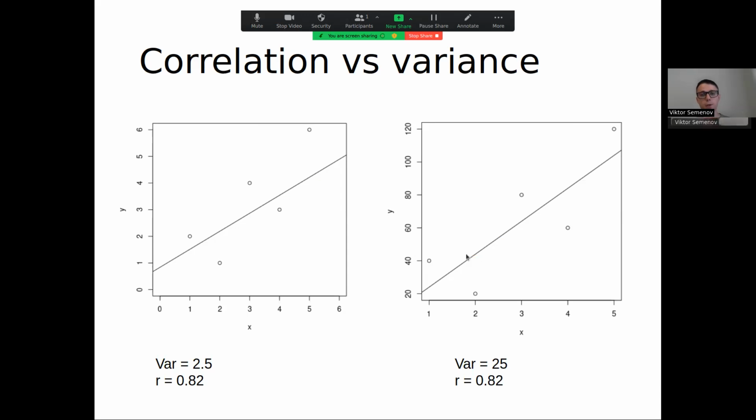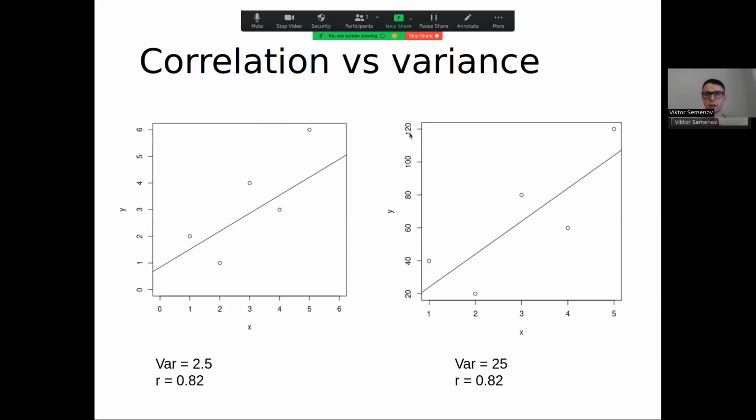Why? Because imagine that we have changed the scaling of the y-axis and we've made measurements for the y value using a different scale, and we get results which are, let's say, 20 times higher. The x values remain the same, but the scaling of the y-axis has changed.